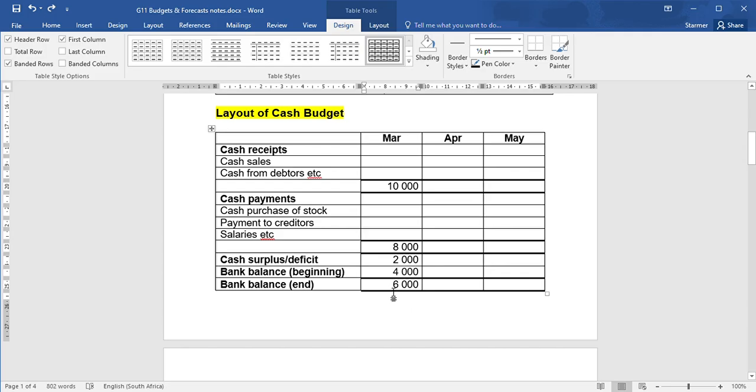Now the balance at the end of March will become the opening balance at the beginning of April. You will then repeat the process, so you'll take April receipts minus April payments to get a surplus or deficit, plus the 6,000 to get your end of month balance. The end of month balance for April will become the opening balance for May. Okay, so that's what a cash budget looks like.